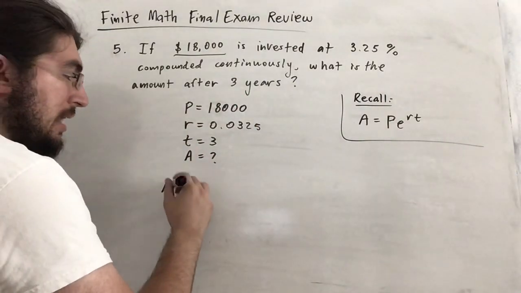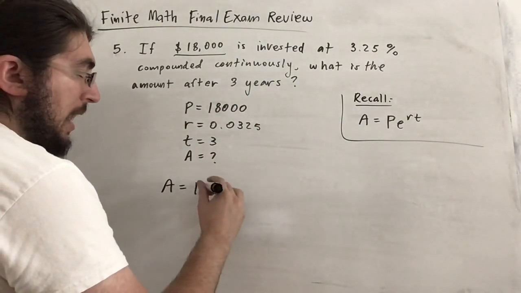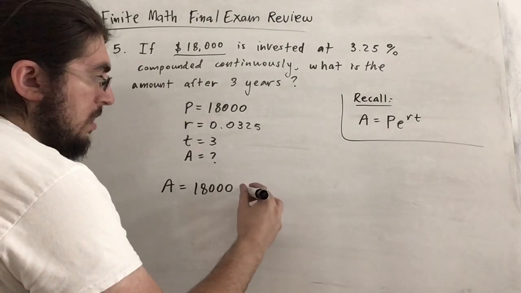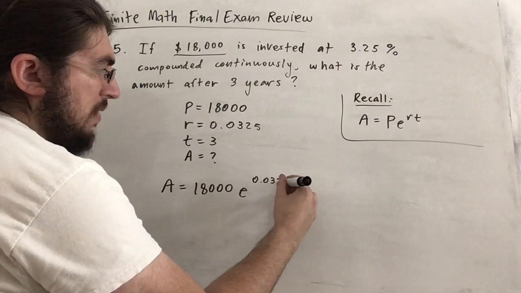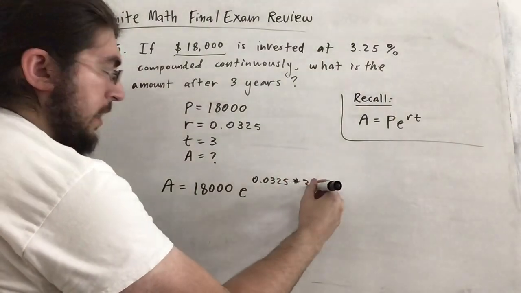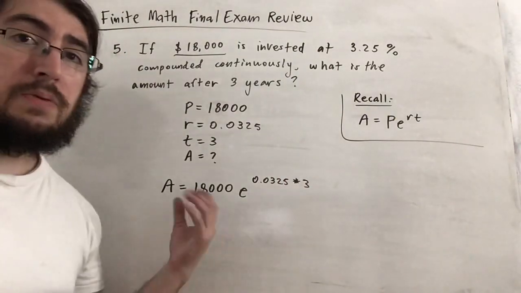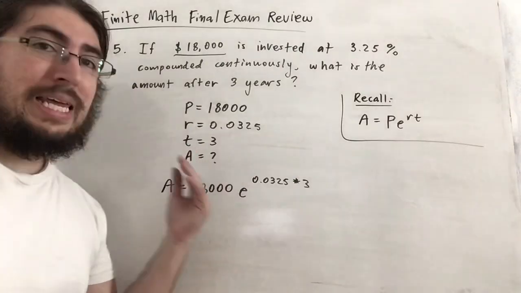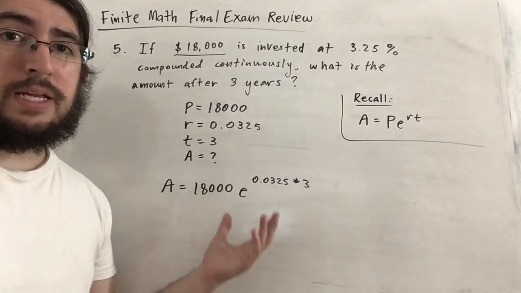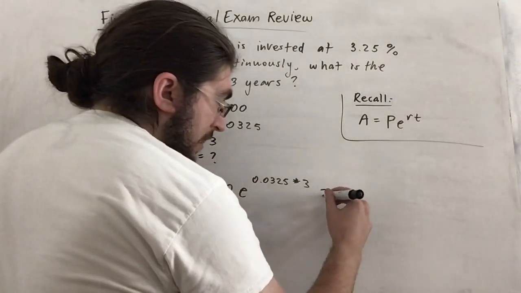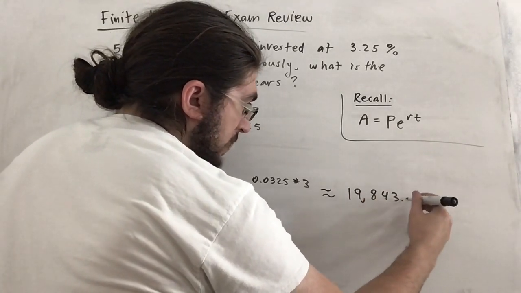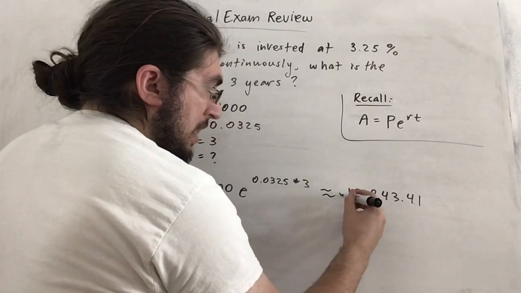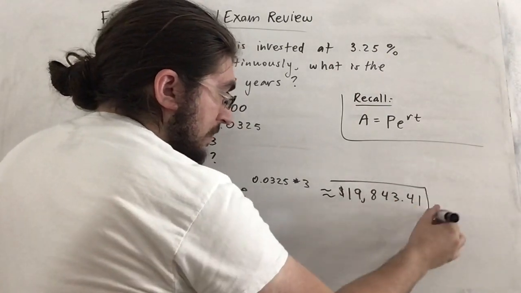So we'll get A is equal to 18,000 e to the 0.0325 times 3. Now all you really have to do is just plug this into your calculator. e to the is second ln on the calculator, and what my calculator gave me was $19,843.41 if you round to the nearest cent.